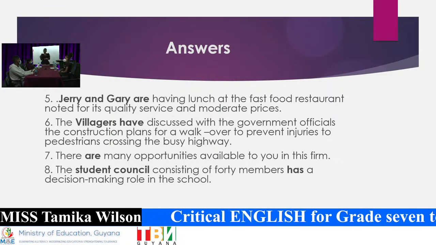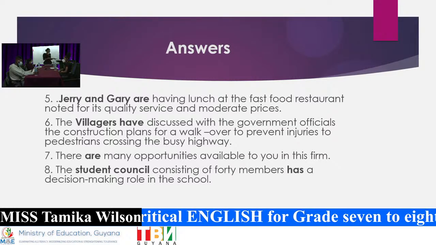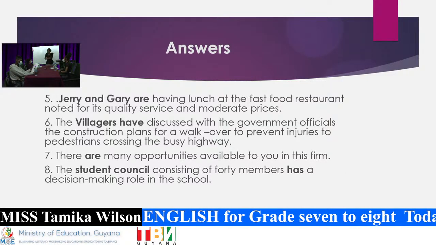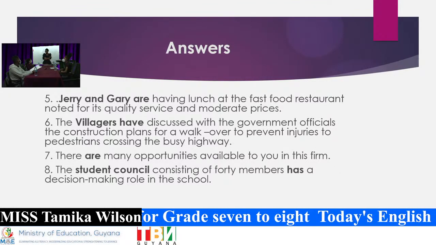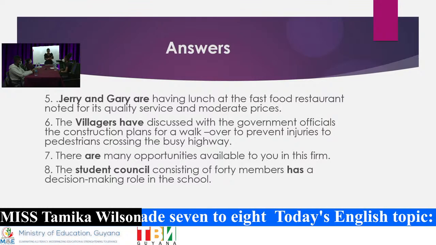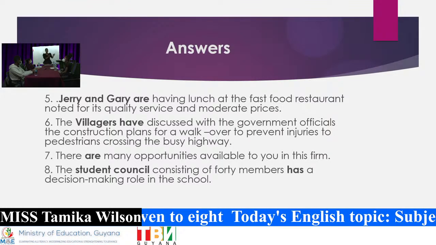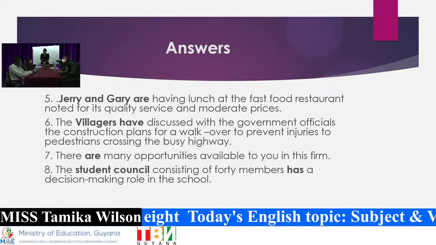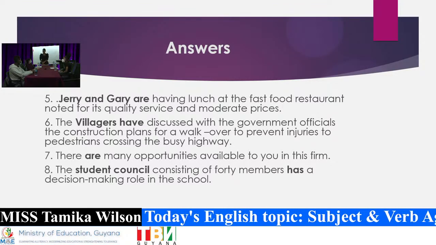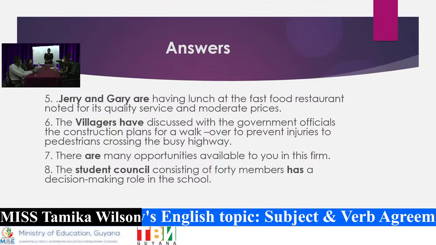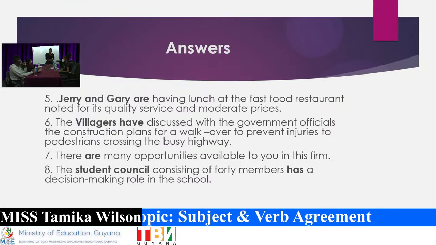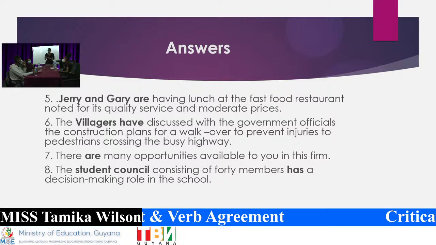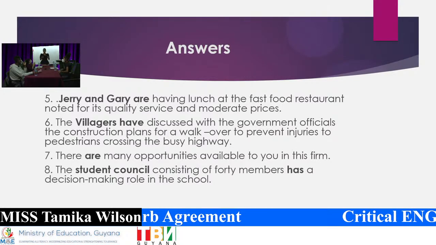But at the end of the day, the underlying principle is what? The principle that guides everything, that helps us to decode all of these other rules. The verb must agree with the subject in number.